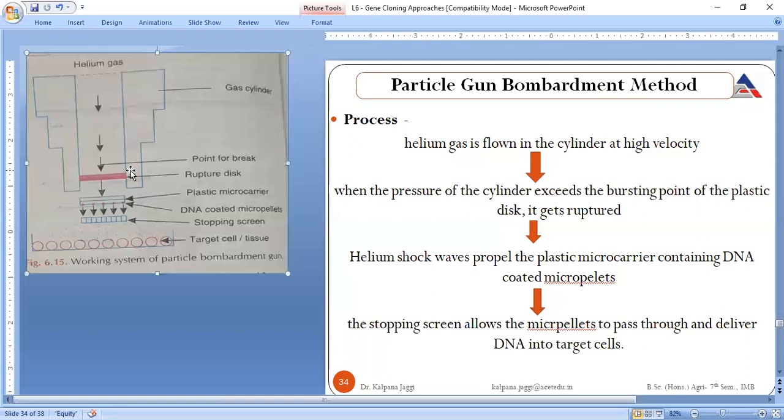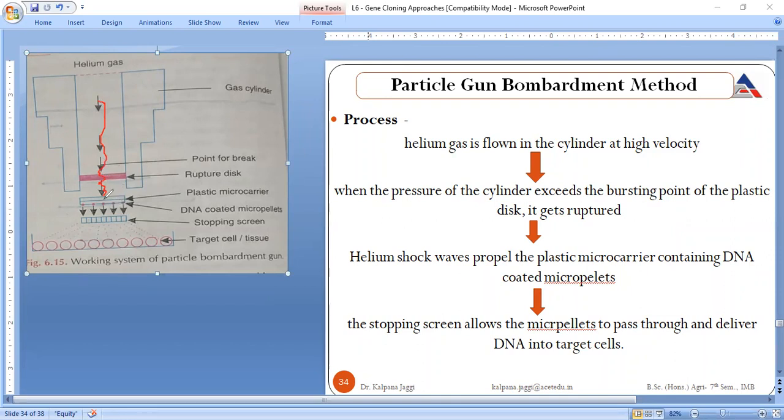When it gets ruptured, this helium gas propels in this way, and then it falls onto this micropellet. Now the stopping screen cannot stop this high pressure gas anymore.